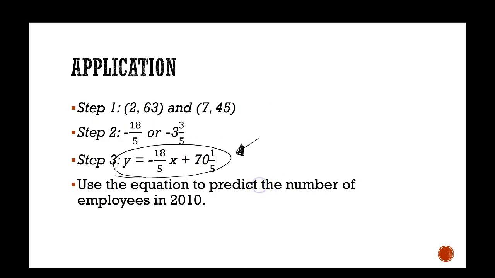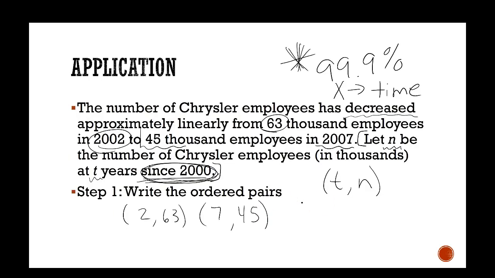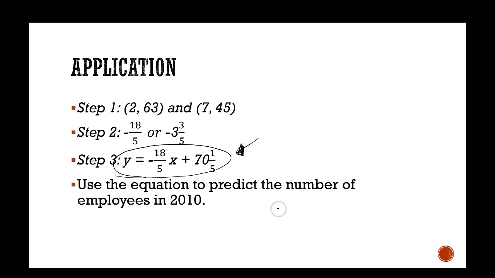So this here tells me that in 2000, because that's my starting point, in 2000, there was about 70,000 employees. Okay, so that's what that tells me. Sorry, I was going back to make sure. So about 70,000 employees in 2000, because that was the starting point dictated by the problem.